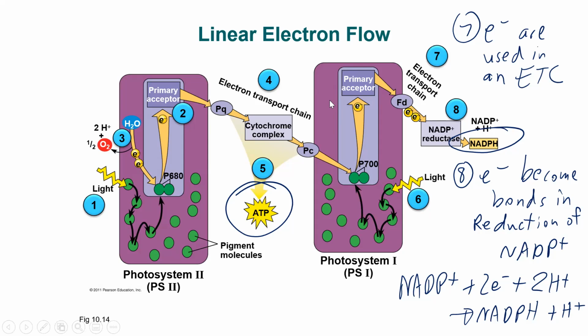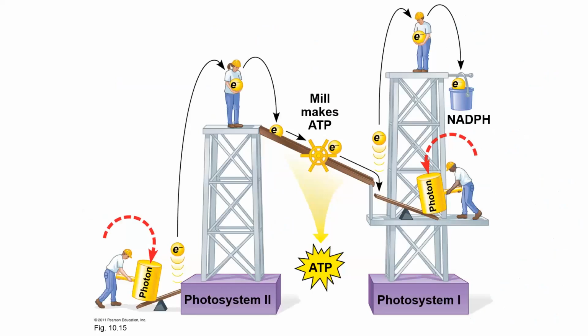So 8 steps, like I said, I'm not going to ask you to regurgitate all 8 steps. And in a minute, I'll try to explain to you what I think is the most important thing to know about photosynthesis. Here's an image from the textbook. It's trying to give you an idea of how this works in terms of thinking about potential energy, right? So remember before we had the idea of the diver jumping into the water. In this case here, you can see this guy is representing a photon hitting that electron with a hammer and driving it up to a higher energy level.